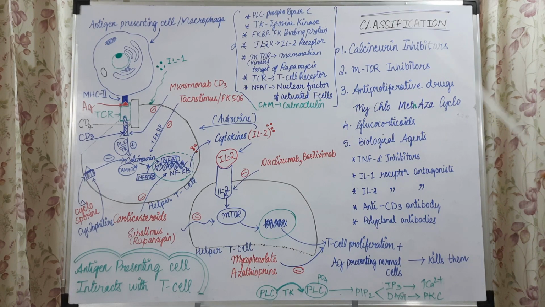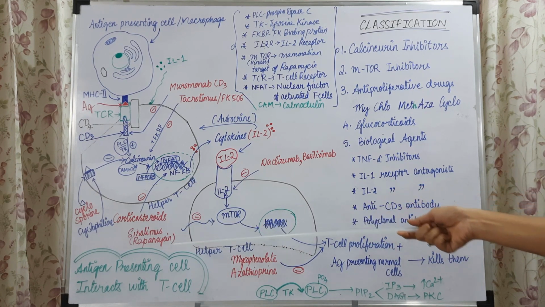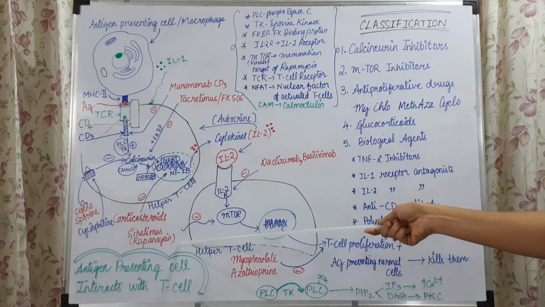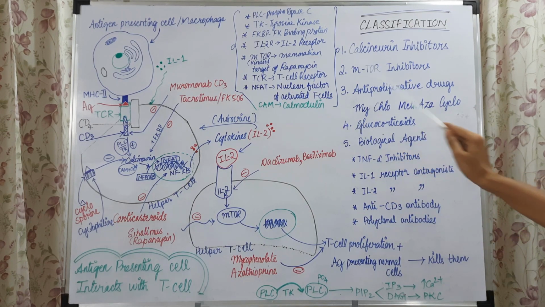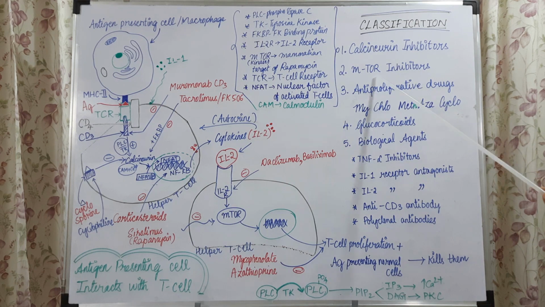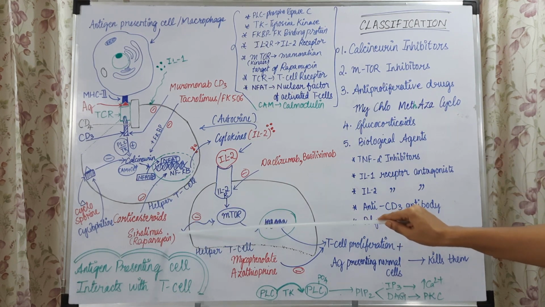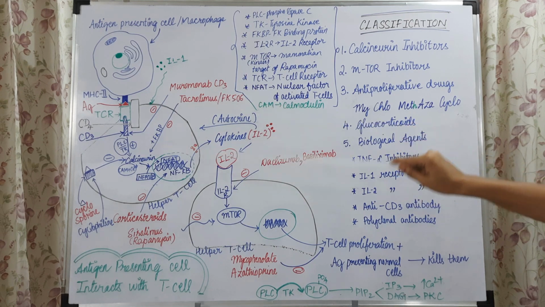The mTOR inhibitors are sirolimus and everolimus. Sirolimus is also called rapamycin. One thing you should remember is that tacrolimus is a calcineurin inhibitor, whereas sirolimus and everolimus are the mTOR inhibitors. Both also sound something like tacrolimus, but their mechanism of action is different.